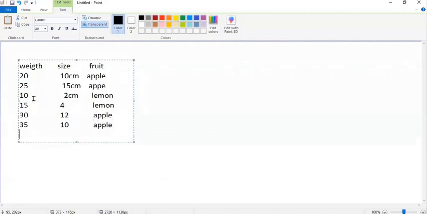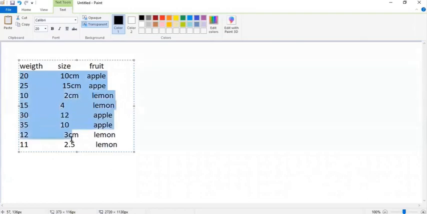Now again, it has just 15 grams or 12 grams, 3 centimeters, lemon. 10 grams or 11 grams, 2.5 centimeters. I say it as lemon. All right. So let's suppose this is the data set that I have.